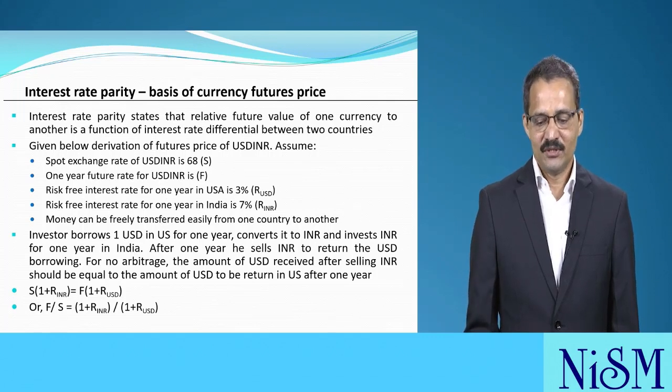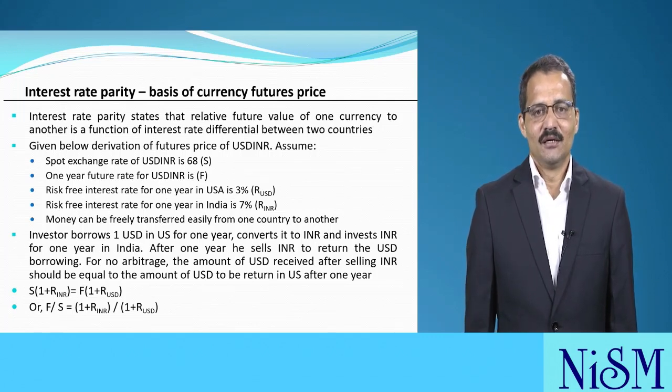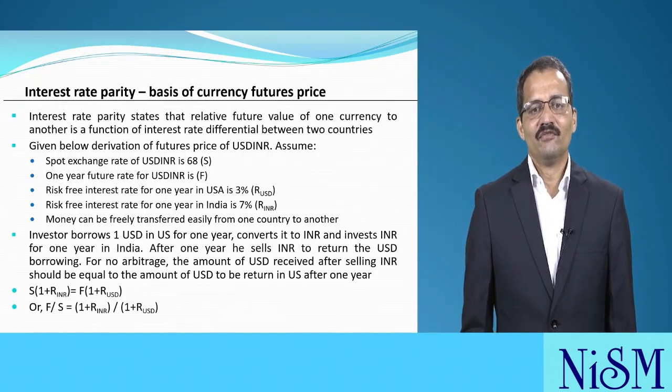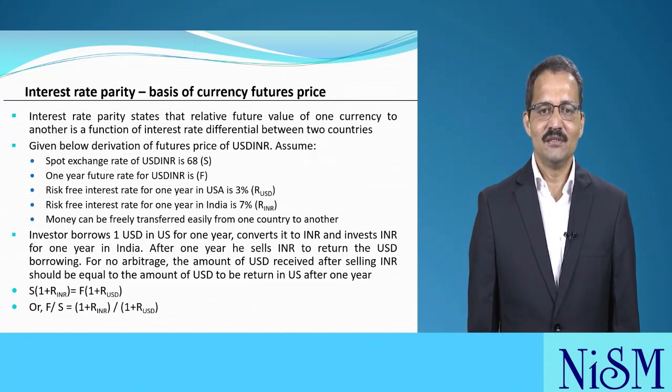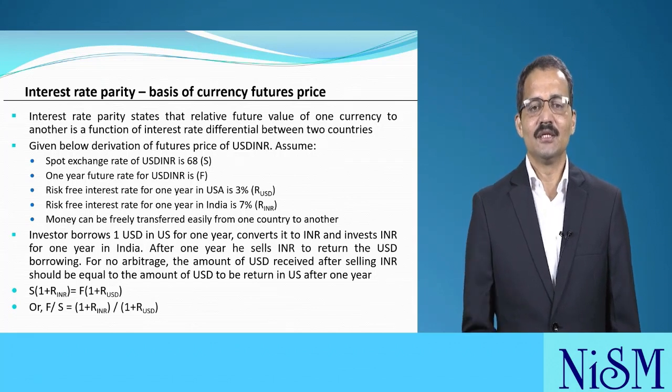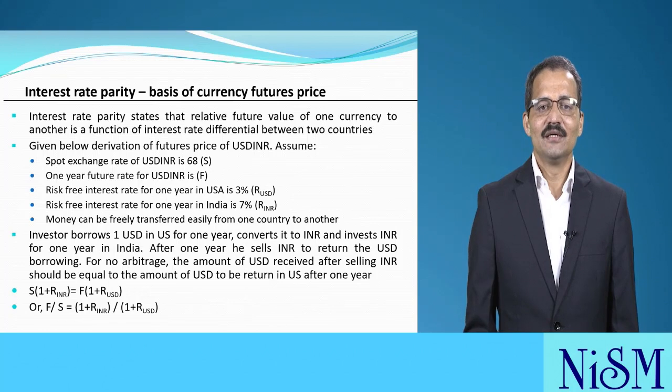Suppose I borrow 10,000 USD in US, and now I convert that 10,000 into INR. So I will get 68,000 rupees. Now I will invest that 68,000 in India, because the rate is higher, say at 7%. So after 1 year I will get around 74,600 odd.